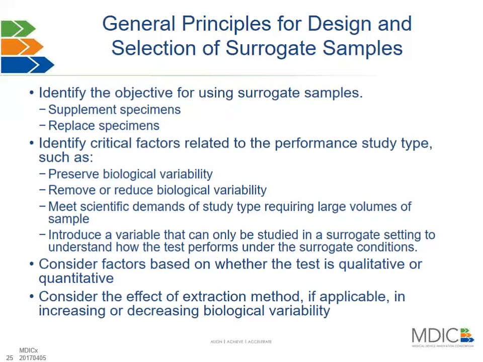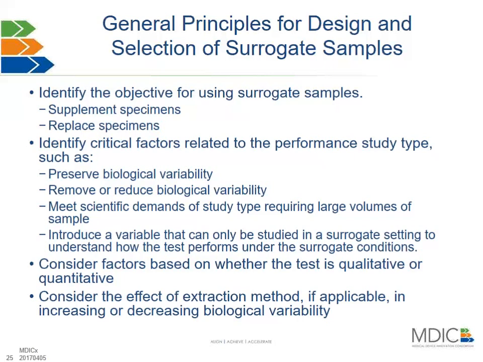So first, in terms of these general principles, is to clarify the objective. Are the surrogate samples intended to supplement naturally occurring specimens in the study, or are they intended as a replacement for naturally occurring specimens?